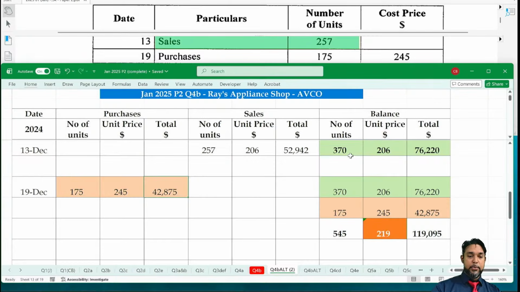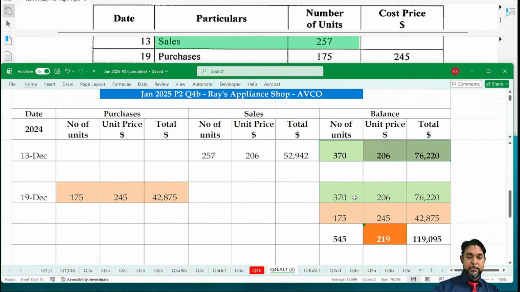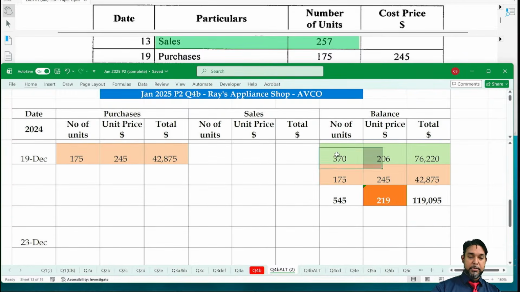So now the balance at end, we have two batches: the balance before the purchase, and the amount from the purchase. Each of them has its own quantity, its own unit price, and then its total. You multiply going across to get the total, but we did it already, so you just add the totals. This is the total cost here, total number of units, and all we do is divide total cost by total number of units, and that's how you get the 219. Again, we are rounding off to the nearest dollar.